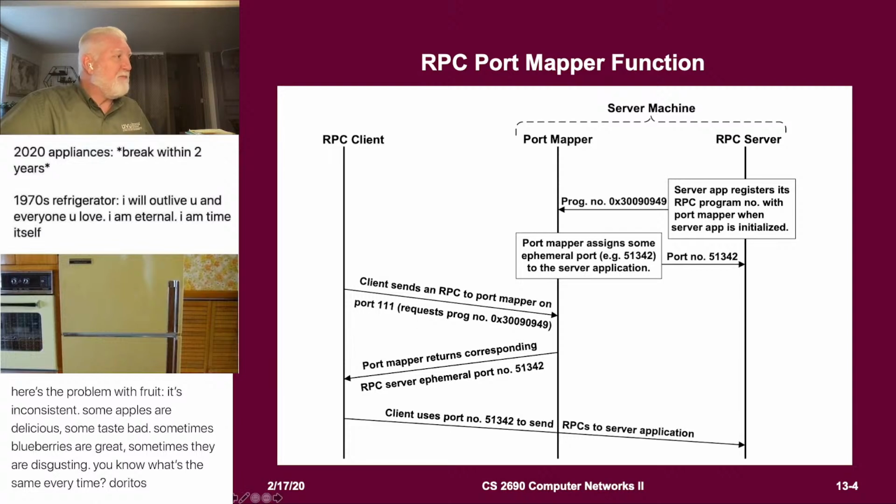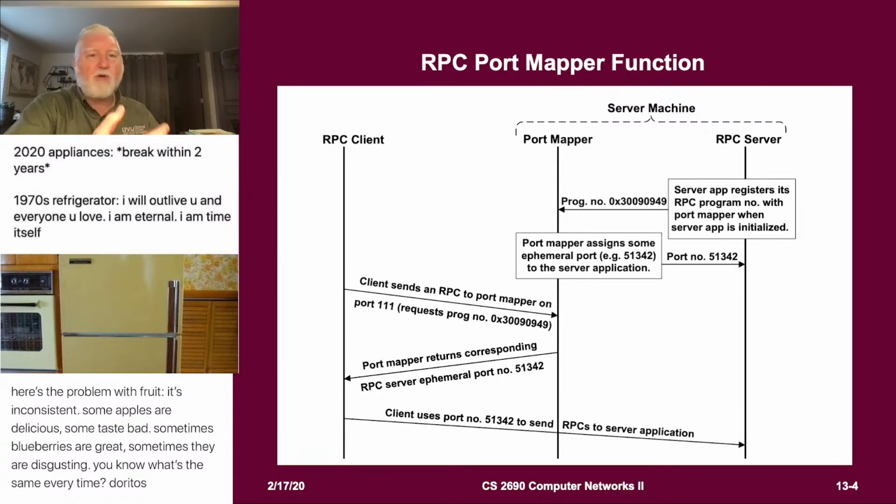Basically, the client sends an RPC to the port mapper on port 111, requesting a particular program. The port mapper gives back a temporary port and says, here's how you can talk to that one. So 111 is sort of well-known, like a well-known directory of sorts.